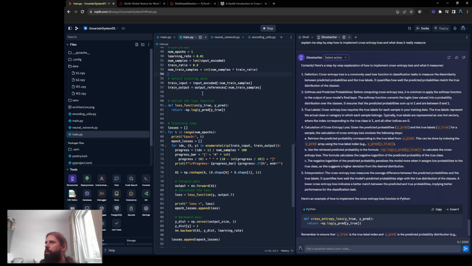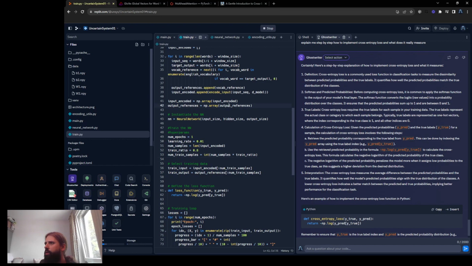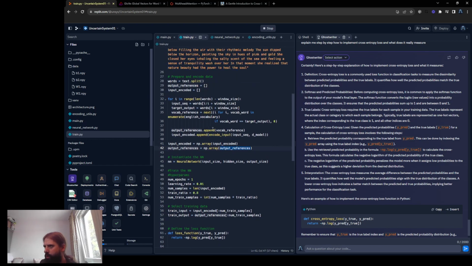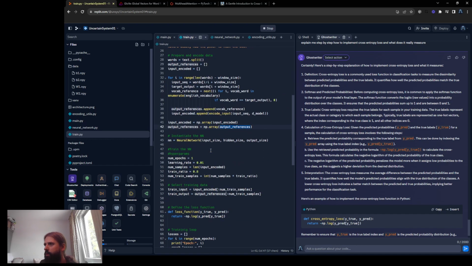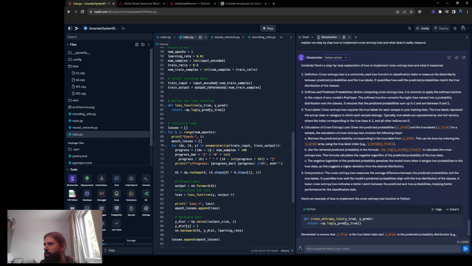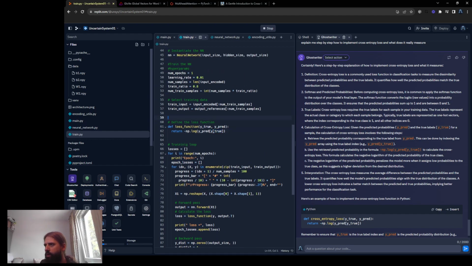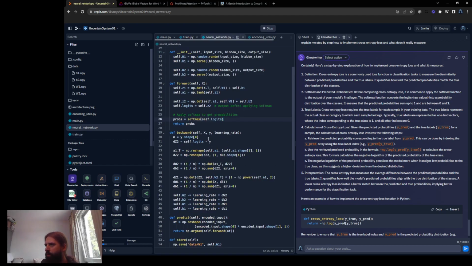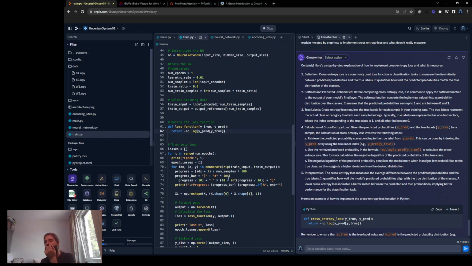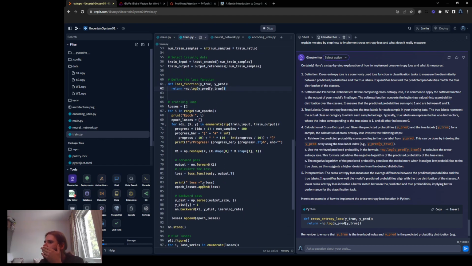Select training. No. Output preferences. Is this output preferences? Okay, I'm not so sure that is correct though. Yeah, that is wrong. So this is definitely wrong in here. You know what? That should actually be what is given to this.